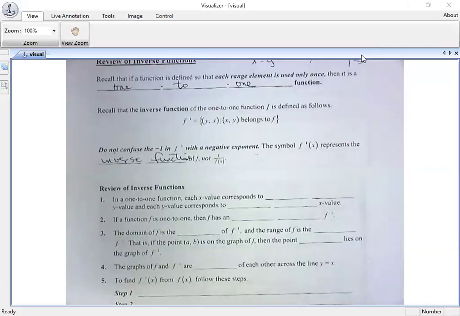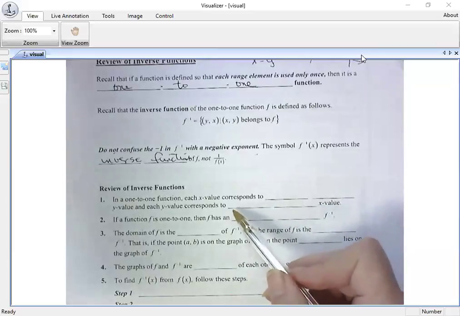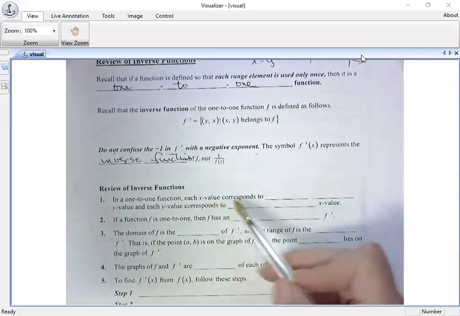I know it's confusing sometimes when we recycle symbols or we recycle vocabulary in math. It's kind of like range. The word range has more than one meaning in math, depending on what you're working on. So just be careful on this when we're talking about inverse functions. That's going to be the symbol we use. Now, in a one-to-one function, how many x values correspond to y values?